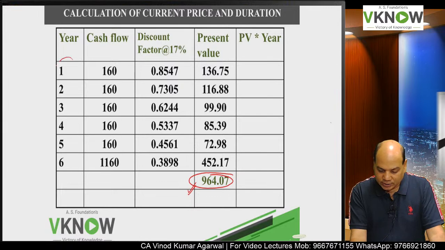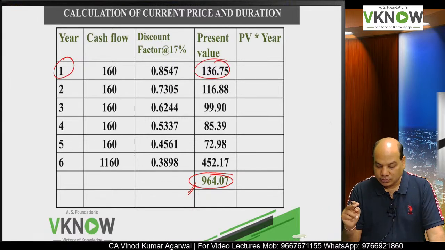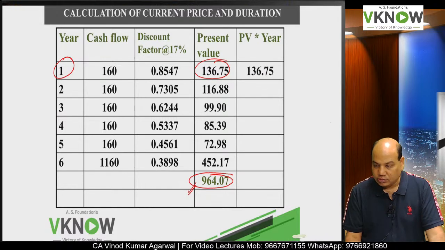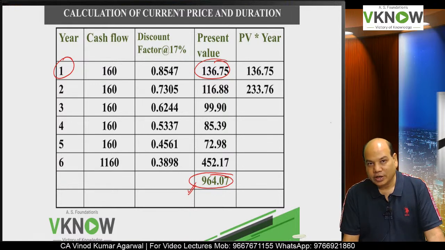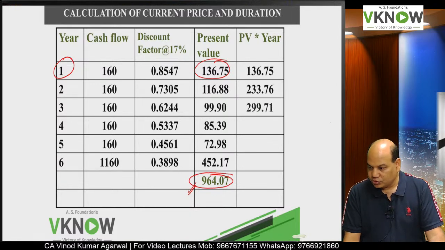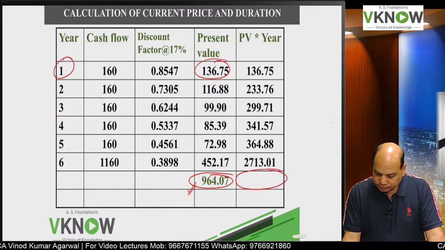Now you multiply year into present value and use the memory plus function. 1 into 136.75 memory plus, 2 into 116.88 memory plus. This way you continue and give me the total of the last column.